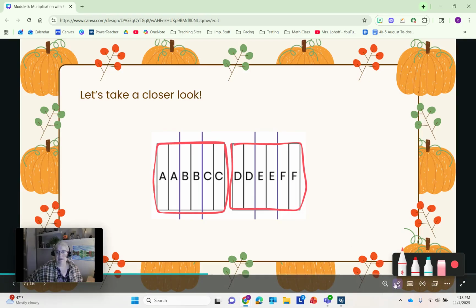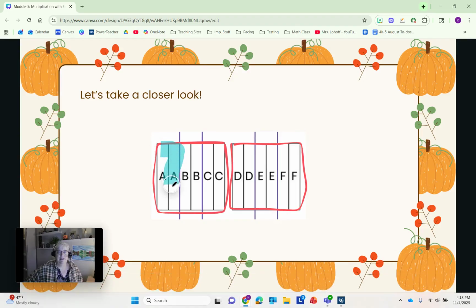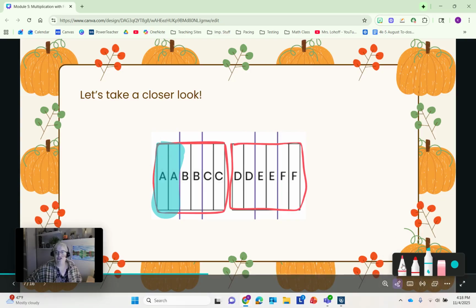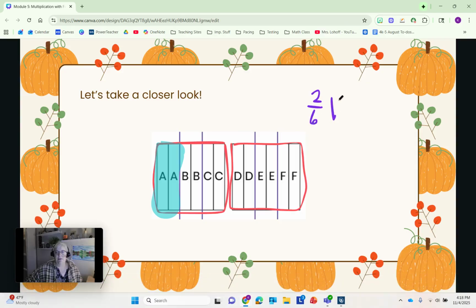So now how much did each friend get? Well, if I come in here and I look at just this section right here, each friend got 2 of the 6 sections. So each friend got 2/6 of a pound.